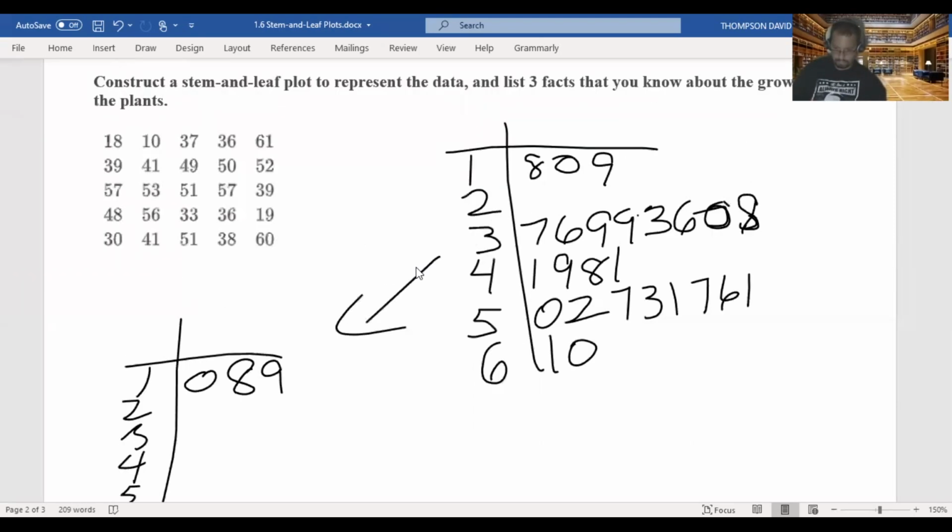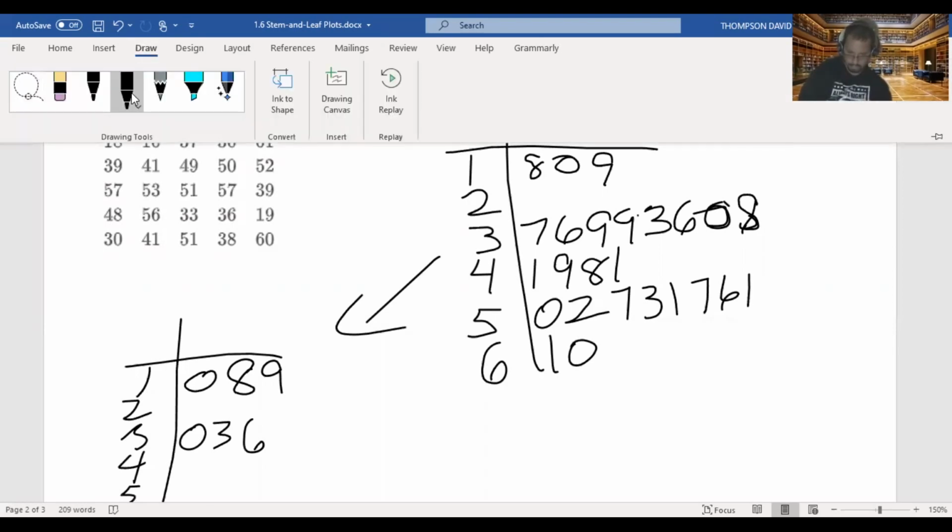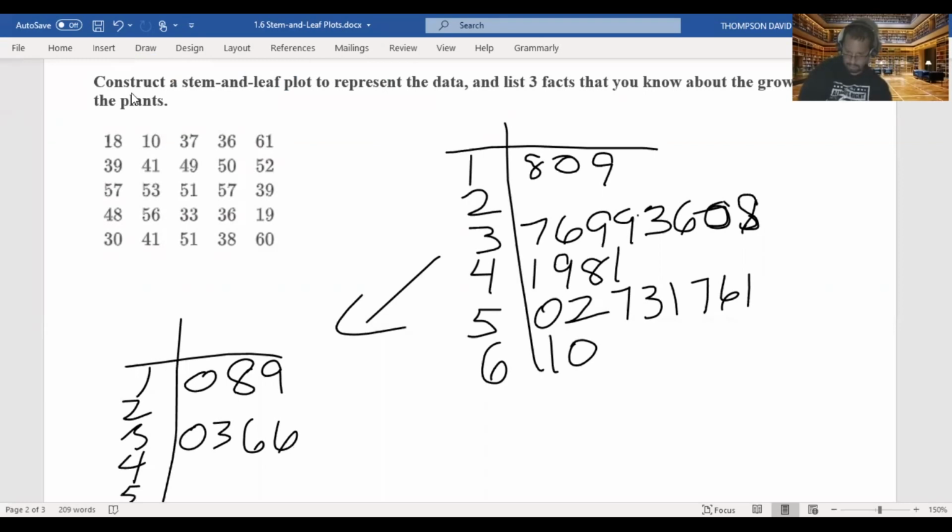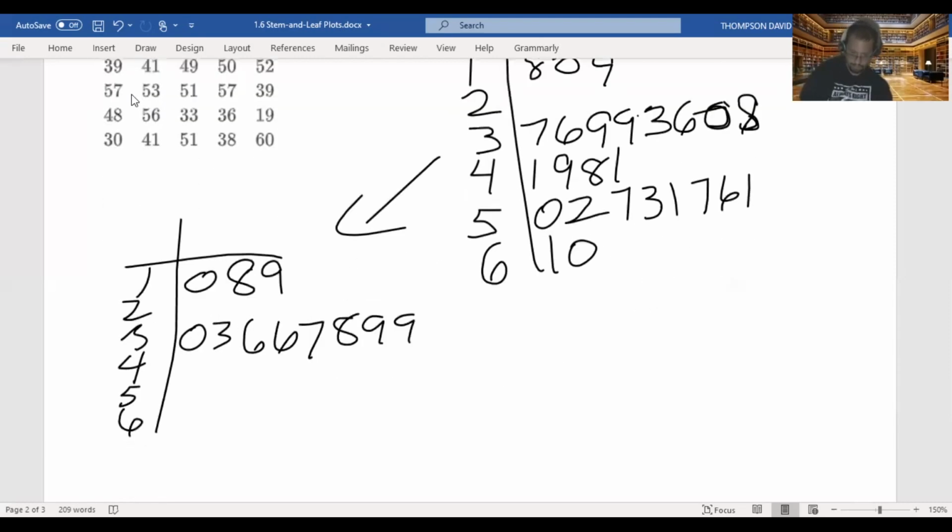So in our 3 row, we have 0, 3, 6, 6, 6, then 7, then 8, 9, and then 9. And our 4 row, 1, 1, 8, 9.